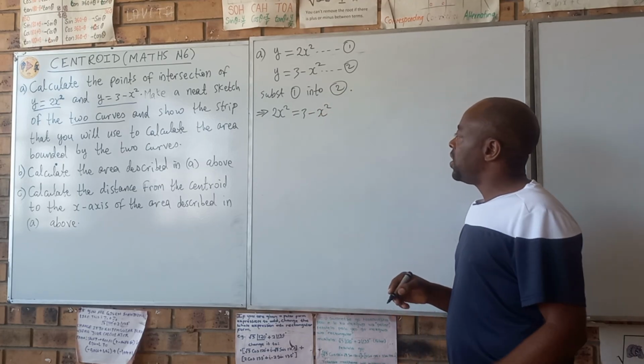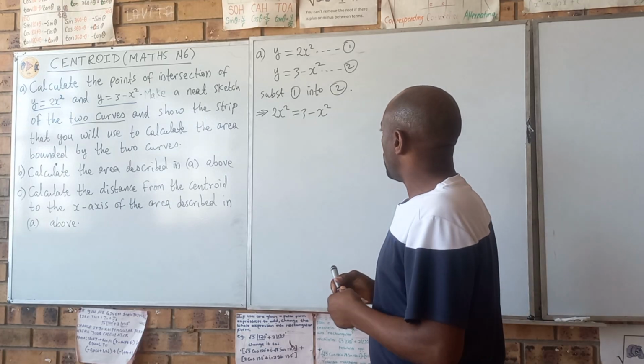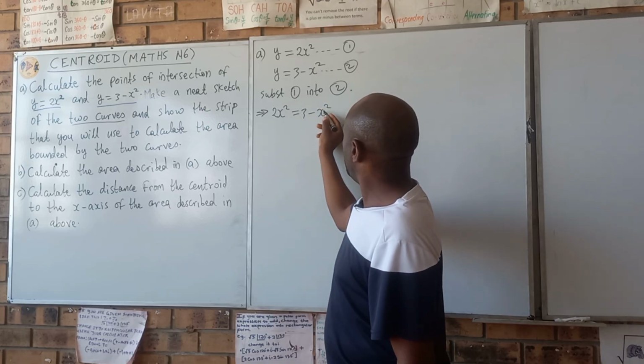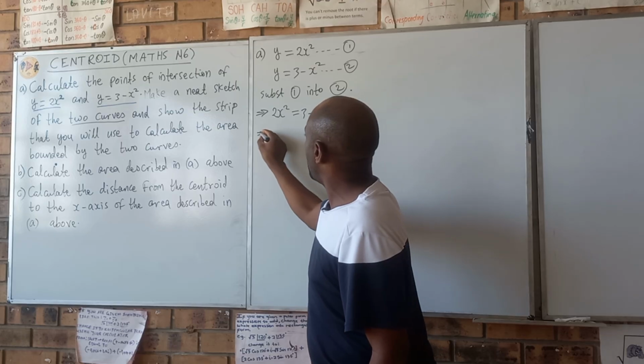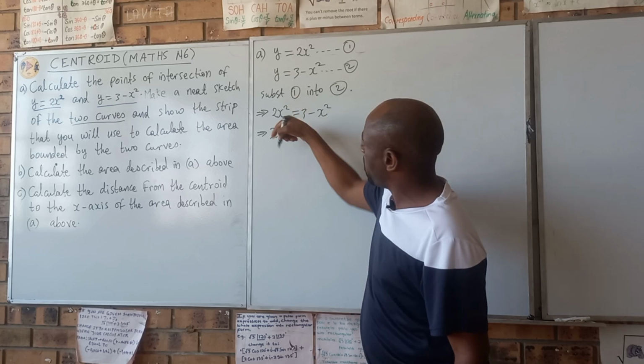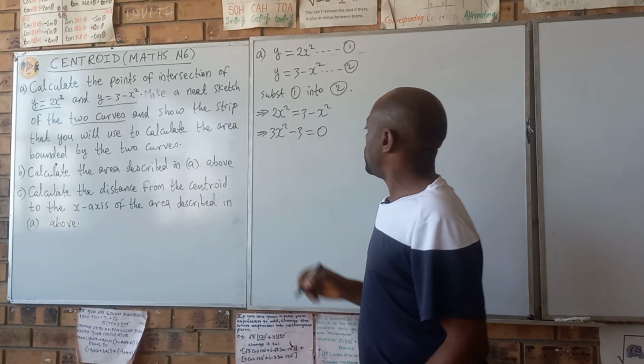And when you are solving equations, you must make sure that 0 is on one side before you calculate your points. So I will take all the terms to the left. If I take this one to the left, it will become positive x squared, which will add to 2x squared to give me 3x squared. Then 3 will become negative on the left. So again, 3x squared minus 3 is equal to 0.